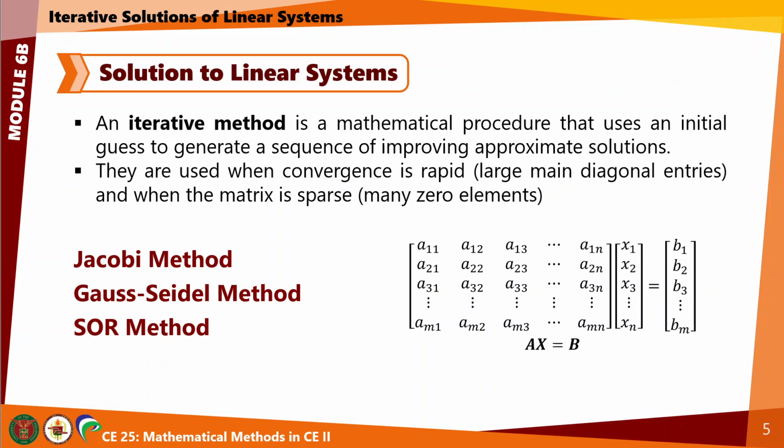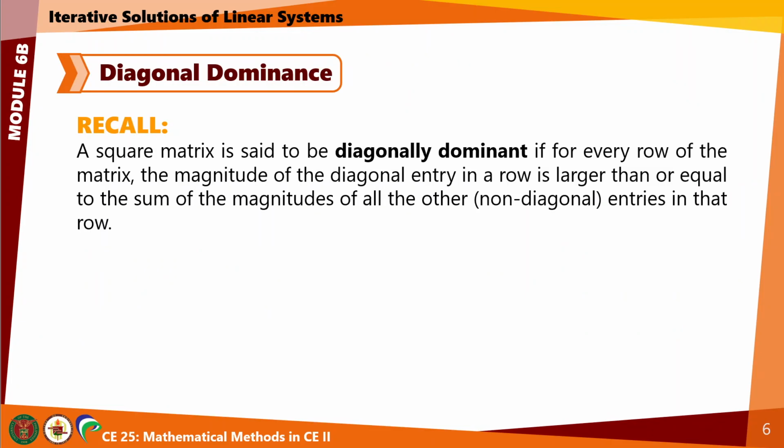Now let's first discuss this diagonal dominance. A square matrix is diagonally dominant if, in every row, the magnitude of the diagonal entry is larger than or equal to the sum of the magnitudes of all the other non-diagonal entries.